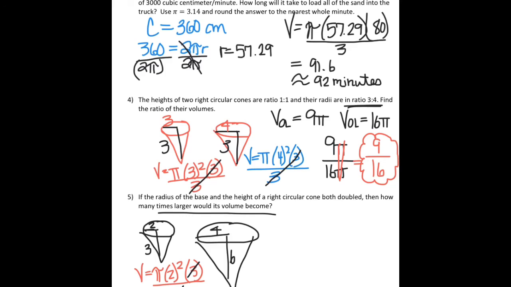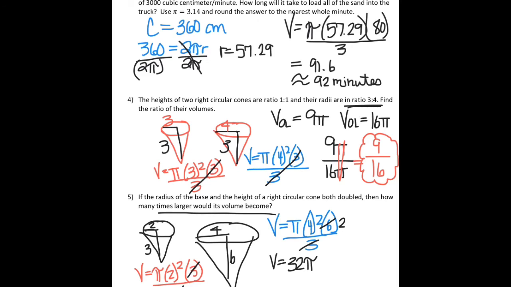Let's figure out the volume of the large cone. Volume equals pi times the radius squared times the height, all divided by 3. Well, 3 will go into itself 1 time, 3 will go into 6 2 times. So the volume equals 4 squared is 16 times 2 is 32 pi.